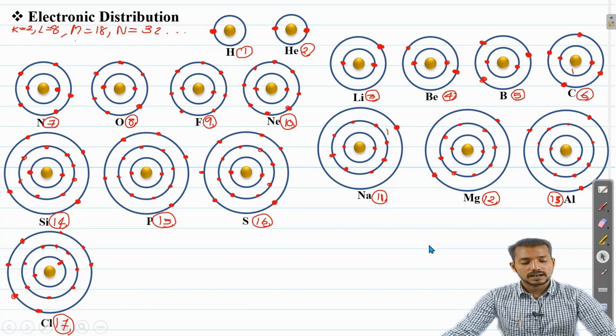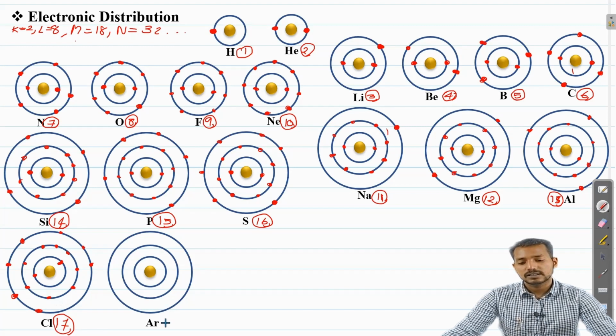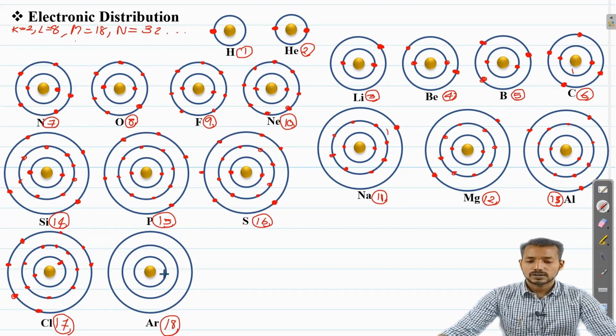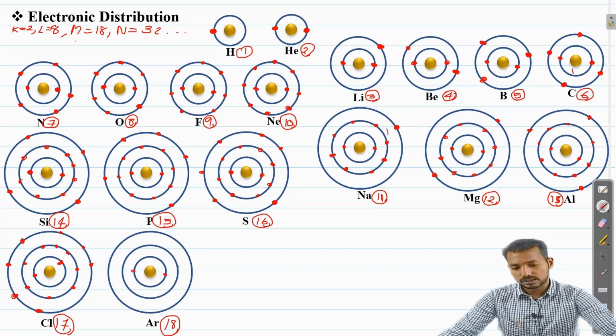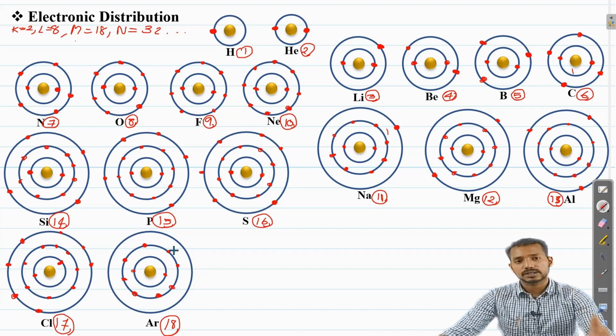And the last atom we are going to discuss is argon. In case of argon, there are total of 18 electrons. So first 2 electrons in the first orbit, the remaining 8 in the second. 2, 3, 4, 5, 6, 7, 8. And again 8 electrons. 2 plus 8 is equal to 10.